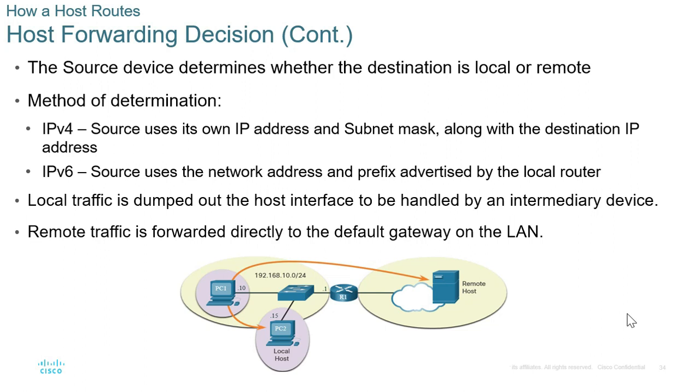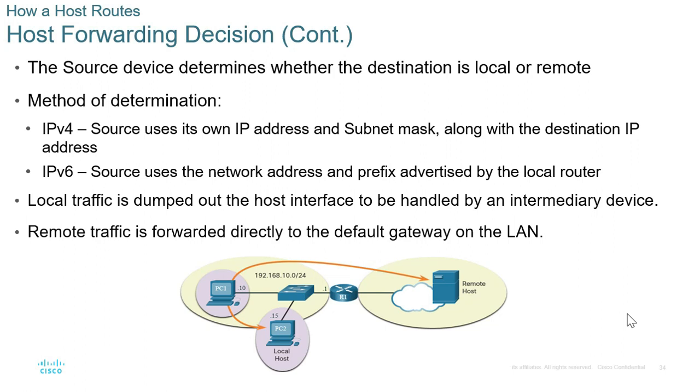Before it sends, it must first know whether the destination is in the same LAN or in a remote LAN. So it uses its own subnet mask to calculate, taking the destination address and applying the mask. If it has the same network address, then it's in the same network.